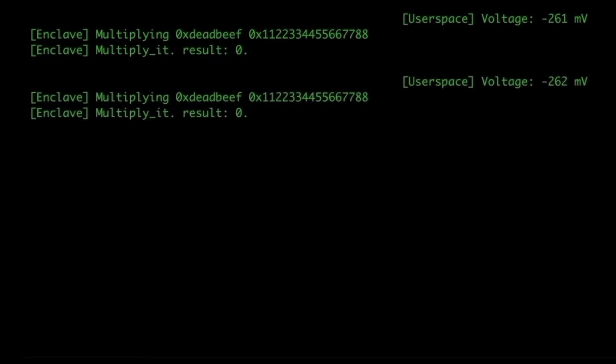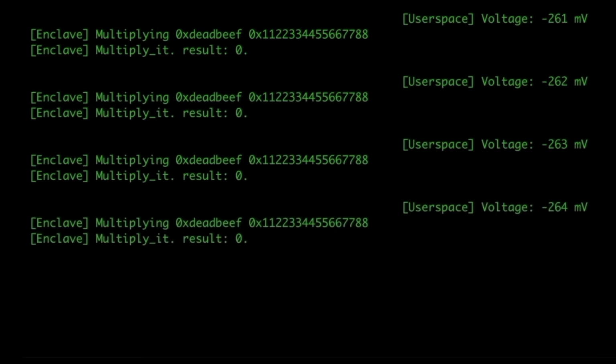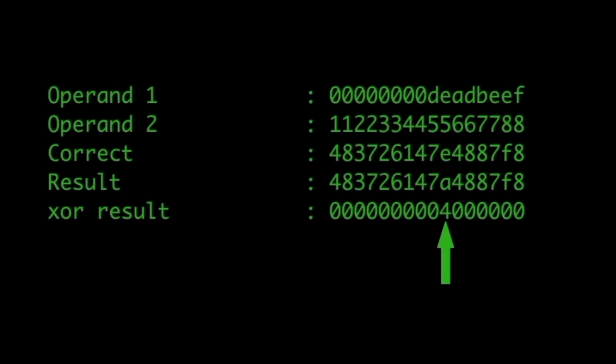We go down in voltage 1 millivolt at a time, and then at minus 265 millivolts here, we have actually managed to flip a bit in a multiplication. And as you can see, that's exactly the same bit that we flipped in user space code before, but this time inside an SGX enclave.